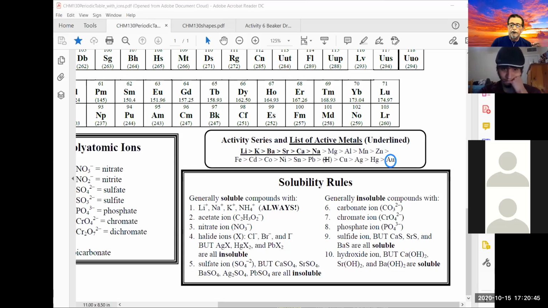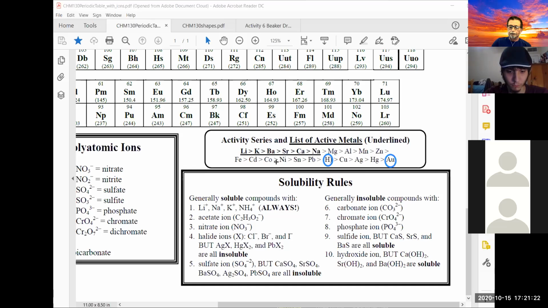Okay, this is a relative table, a relative listing, and it's relative to H in parentheses, which represents hydrogen gas and or water. Because our reference point in this case is hydrogen gas and water. The salt form for hydrogen is water, and the elemental form for hydrogen is H2. And you'll see how that comes into play here once we start doing some examples.